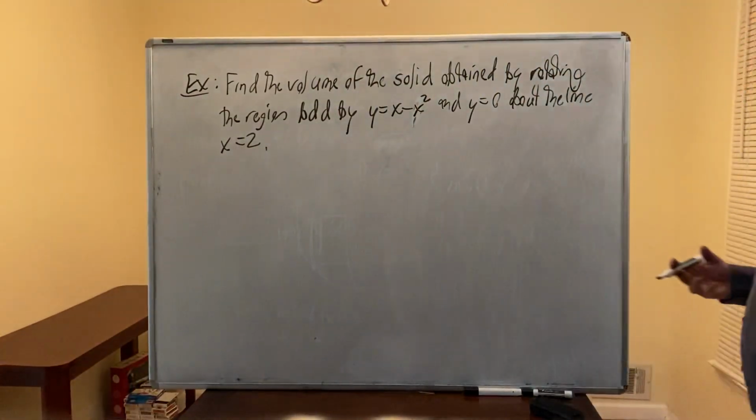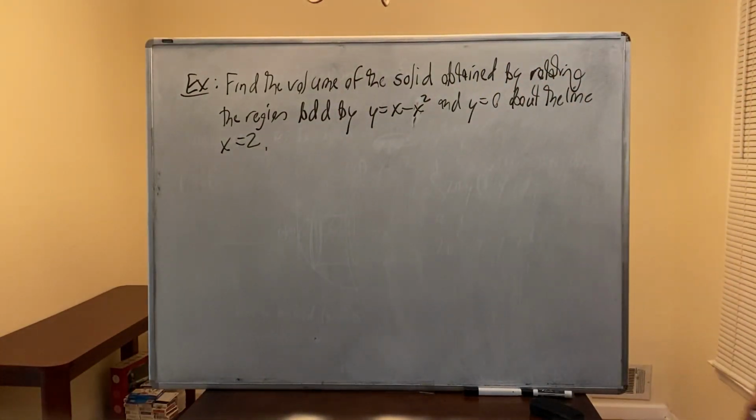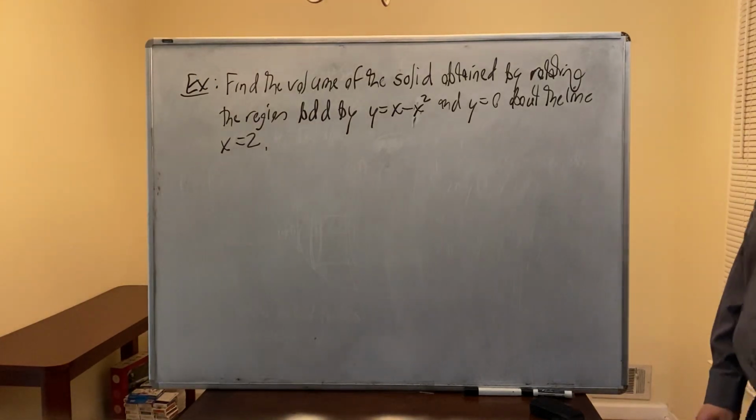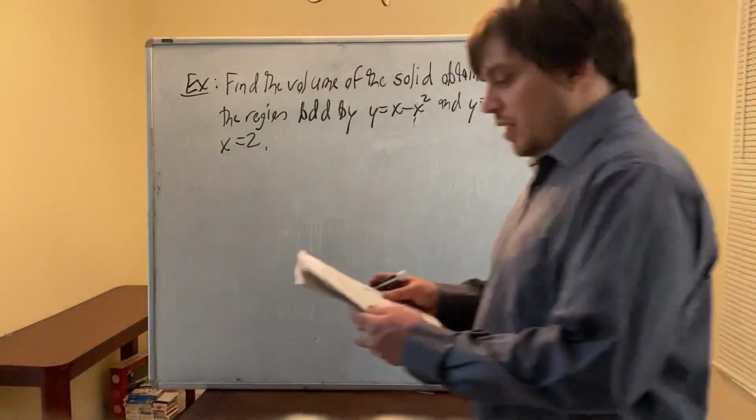Find the volume of the solid obtained by rotating the region bounded by y equals x minus x squared and y equals 0 about the line x equals 2. Okay, so let's do that.